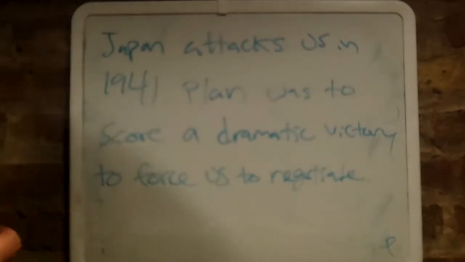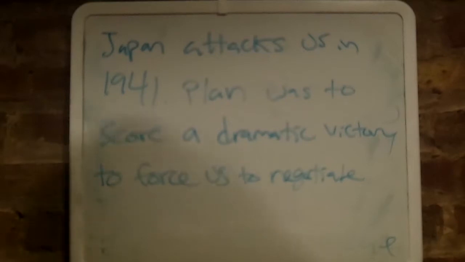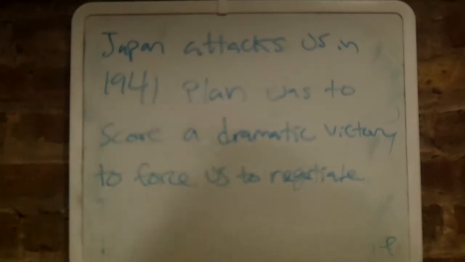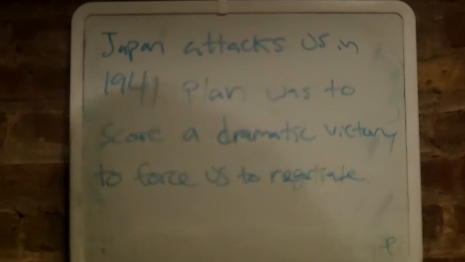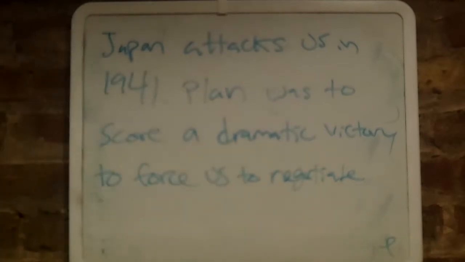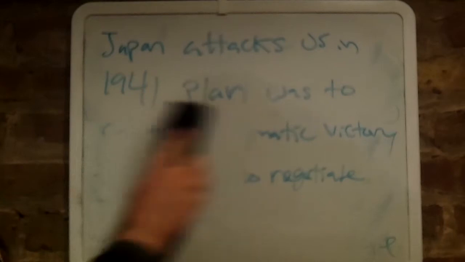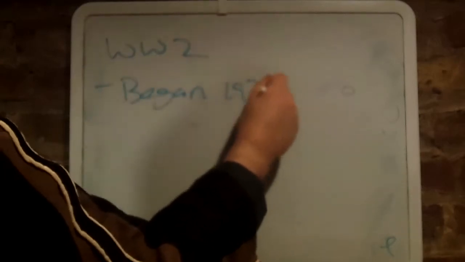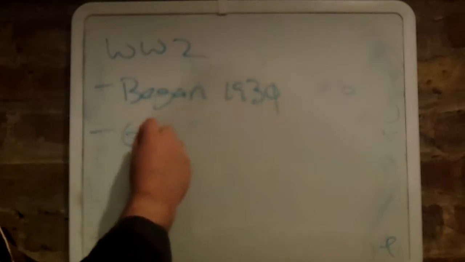But since Japan and Germany had allied a few years earlier, when Japan attacked the U.S., the U.S. declared war, and as a result, Germany declared war on the U.S., and the U.S. declared war on Germany. So World War II is on now. Now, World War II began in 1939 with Germany's invasion of Poland.